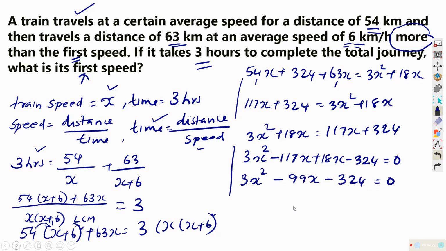We can divide the whole equation by 3 and get a comparatively easier format. If you divide the equation by 3, it will become x square minus 33x minus 108 is equal to 0. This is in a standard format, so we can get the answer directly.